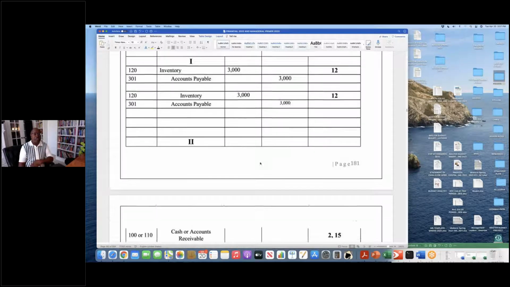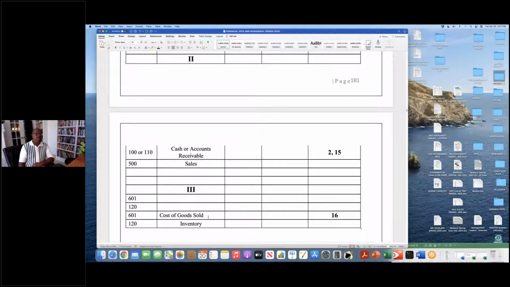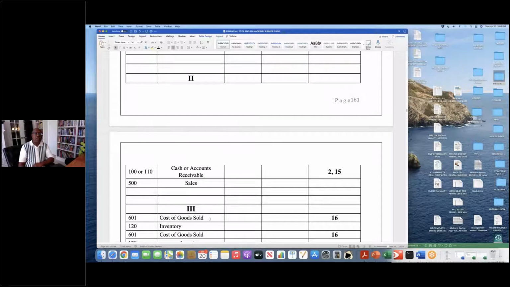And the purpose of the chart is to give us this journal entry. So based on the chart, how much goes in this journal entry?